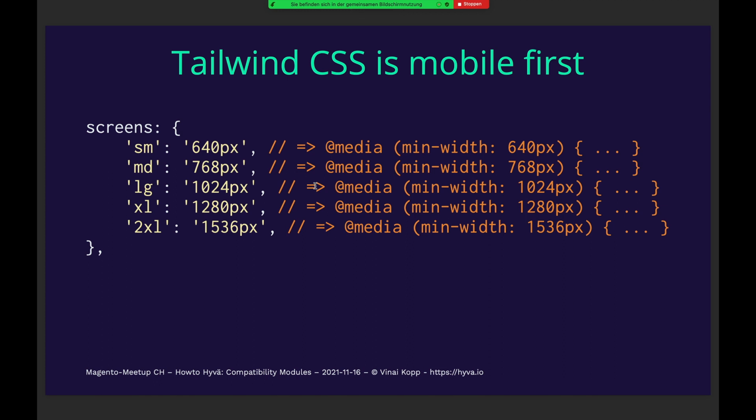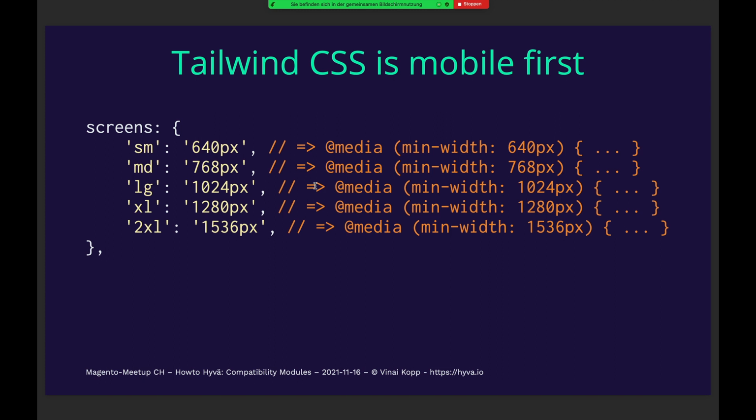So Tailwind is a mobile-first CSS framework, and I mainly worked as a backend developer the last couple of years. So it took me a bit of getting used to know how to work with this.